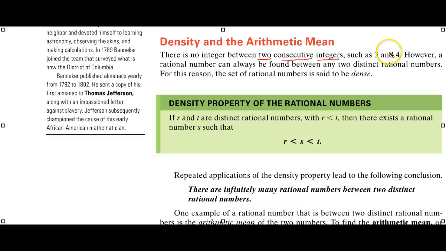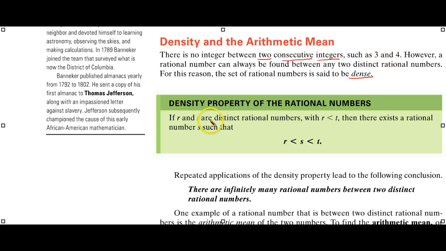However, there are rational numbers between them that are fractions. For this reason, the set of rational numbers is said to be dense. That's the density of the rational numbers between a 3 and a 4.